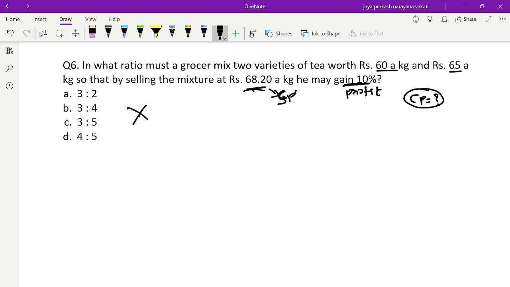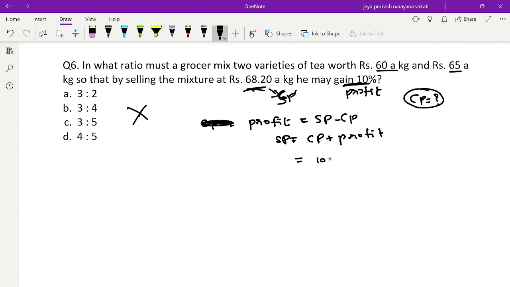So calculate, simple guys. When you get a profit, selling price is more than cost price. Correct. So selling price equals cost price plus profit. What happened here?